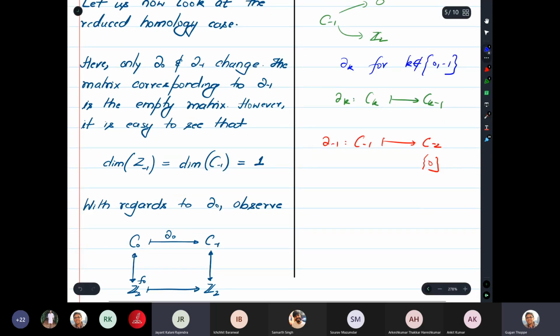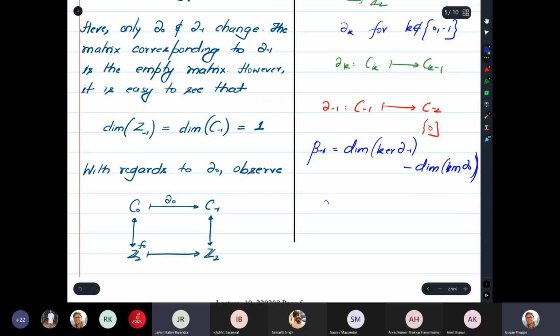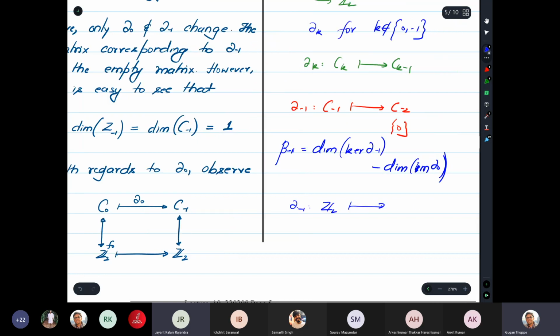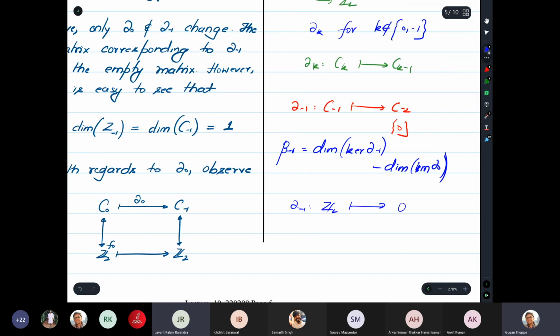Now let us look at what β_{-1} is. β_{-1} is the dimension of the kernel of ∂_{-1} minus the dimension of the image of ∂_0. So let's see what the dimension of the kernel of ∂_{-1} is. ∂_{-1} is a map that goes from Z2 to the trivial vector space, which is 0.